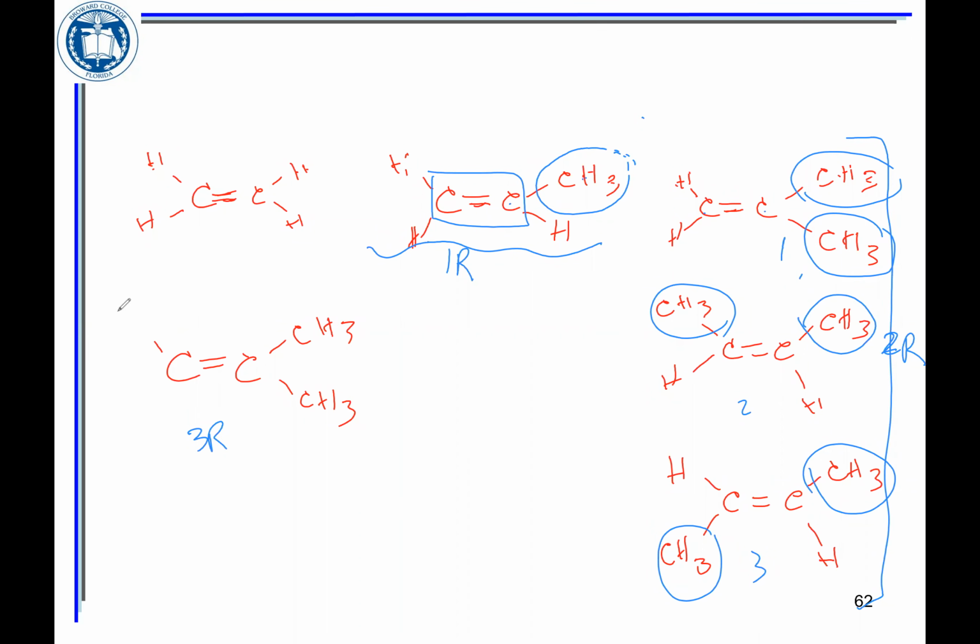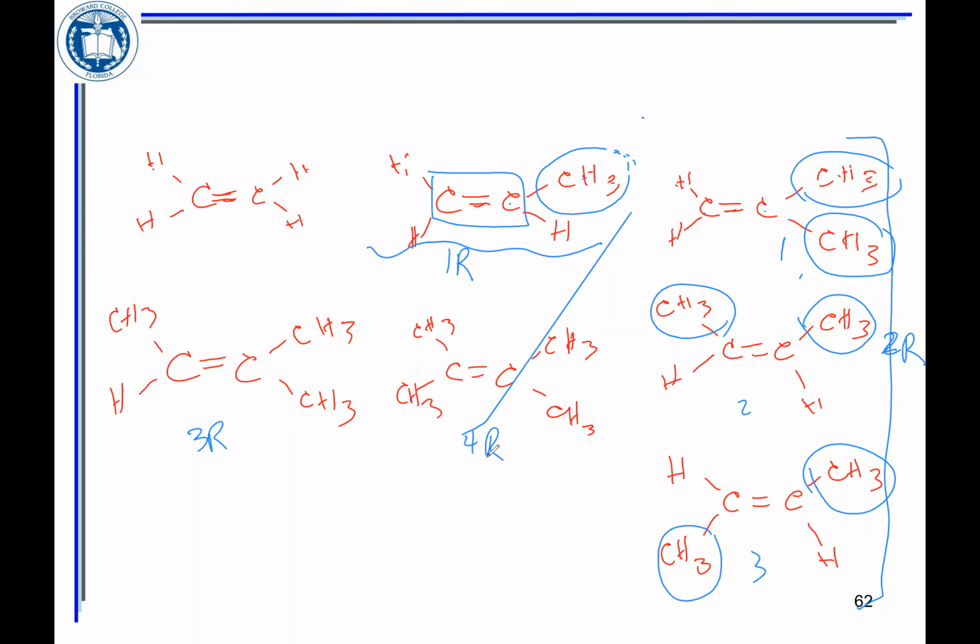Methyl and hydrogen. One methyl and one hydrogen. Okay, that is the 3R alkene. And then last one, let's look at a 4R group. I have 4 alkyl groups attached to the CC double bond. So this is a 4R alkene.